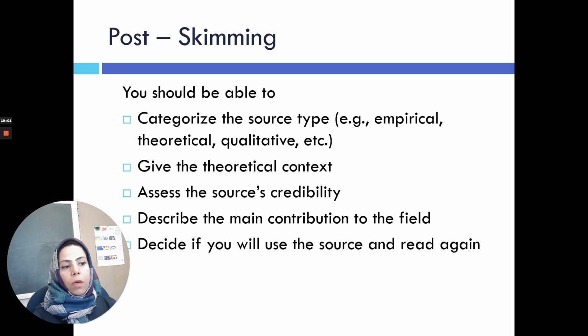If you are able to find out कि ये article आपके research से relevant भी है या नहीं है, you should be able to describe the main contribution जो इस article ने की है towards the field of the study or of the research that you're pursuing.